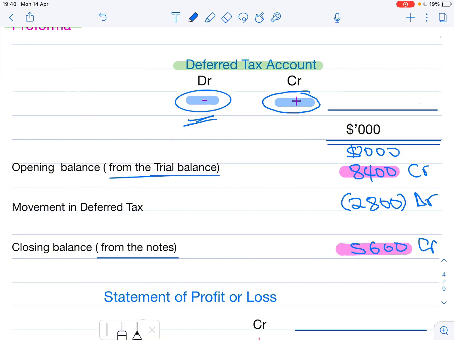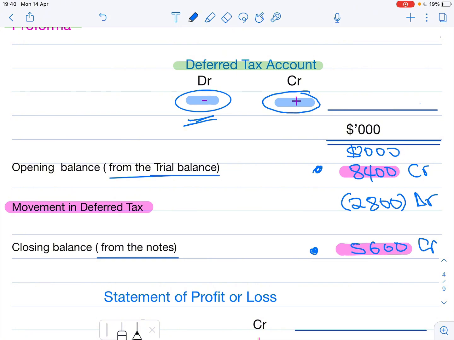So 2.8 is the reduction during the year, and that 2.8 has gotten a name: movement in deferred tax. Why movement? Because there's a movement between opening balance and closing balance, and the movement here is a reduction, referred to as movement in deferred tax. So it's a debit balance.